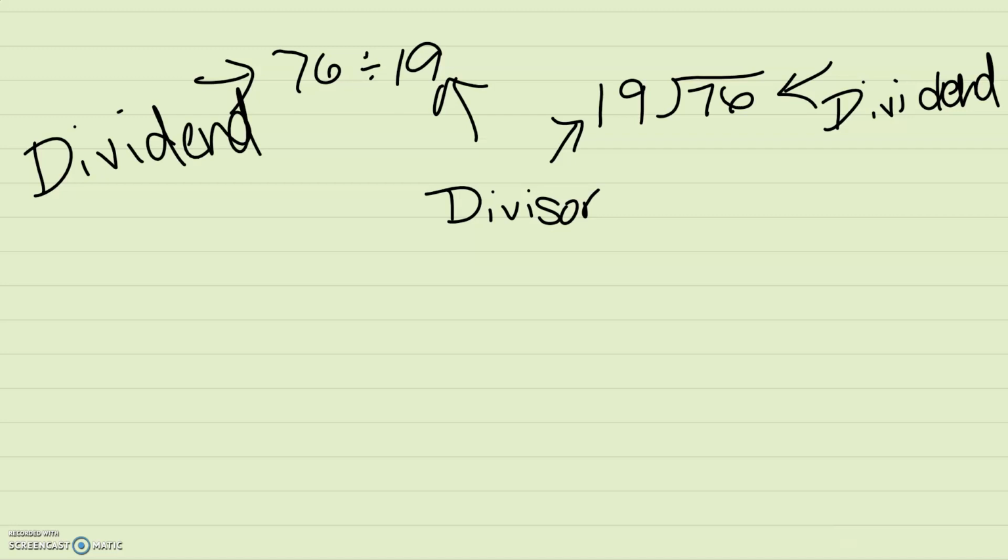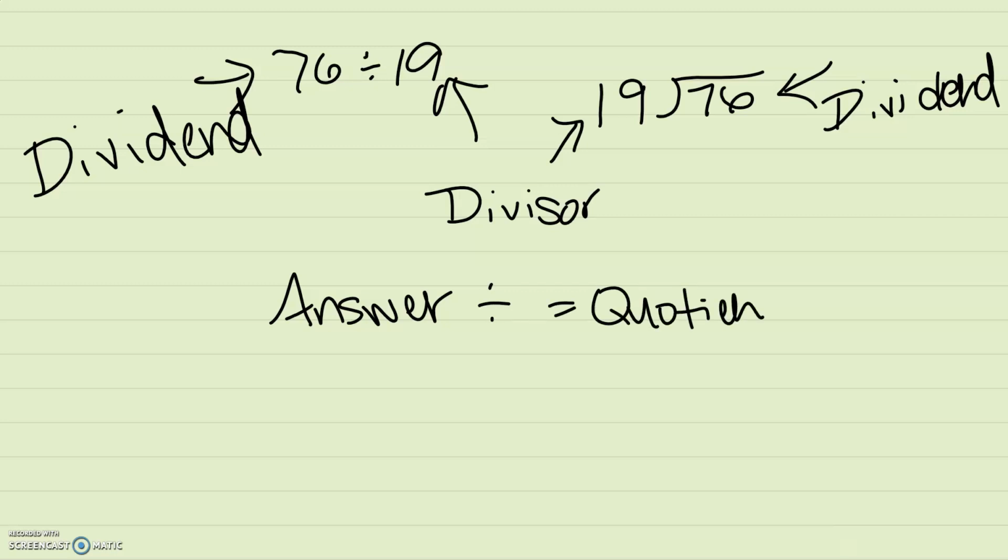If I use these words when I'm going through here, you'll know what I'm talking about. And the answer to a division problem is called a quotient. Let's get started on this problem.